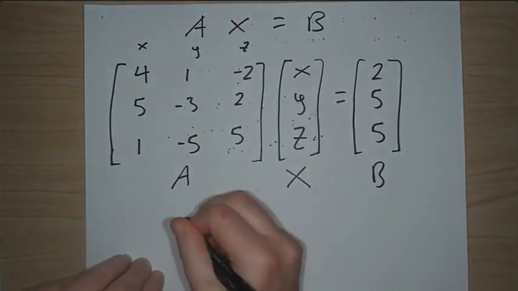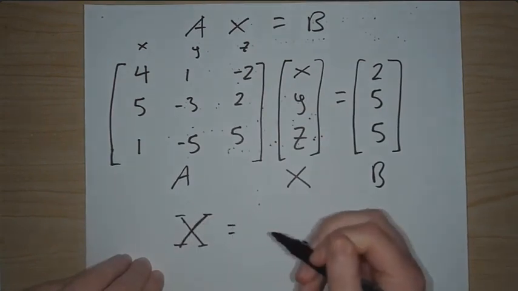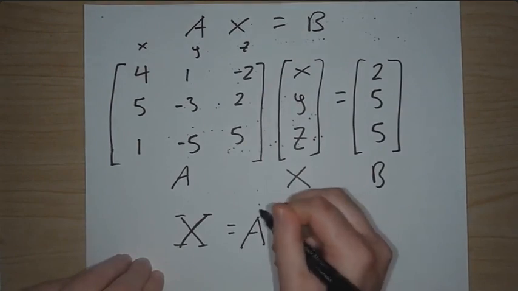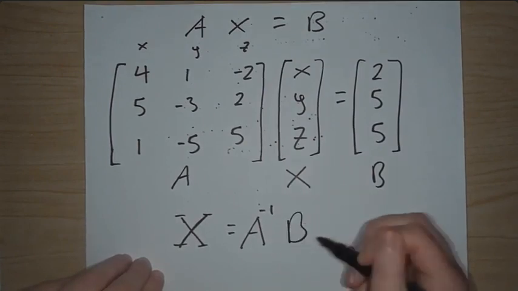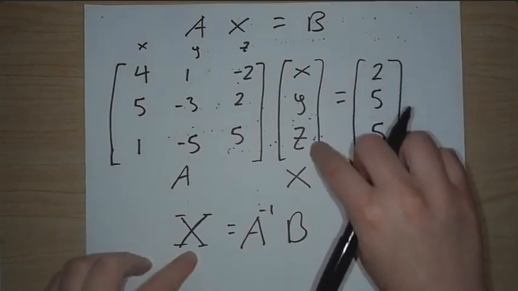So our matrix X is equal to the inverse of our matrix A times our matrix B.